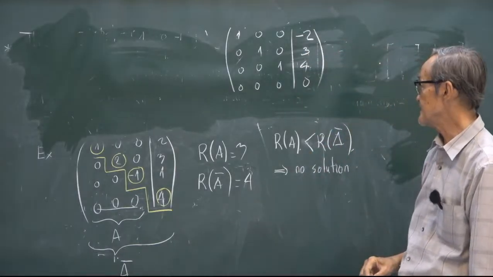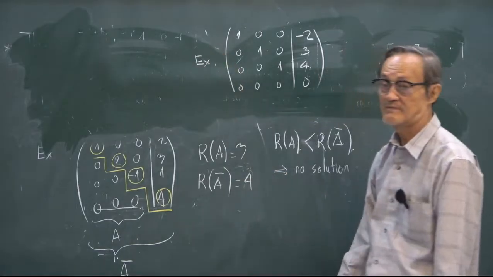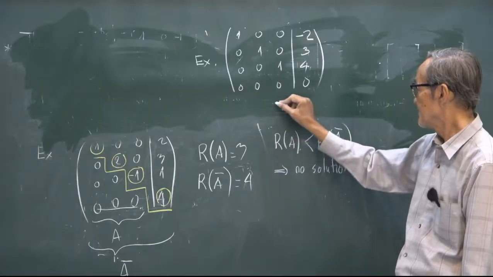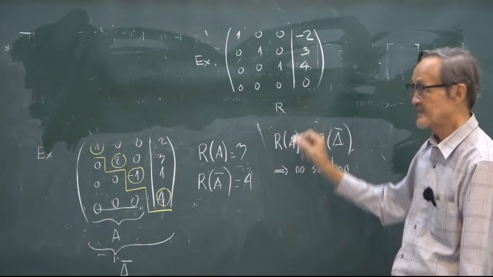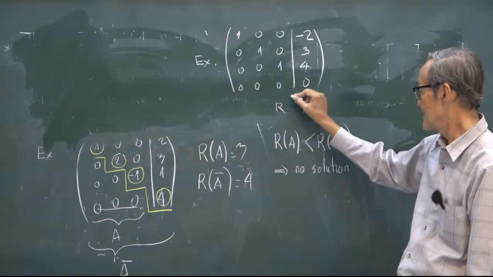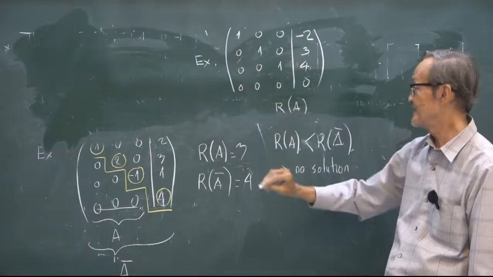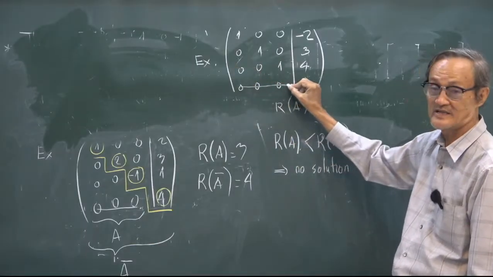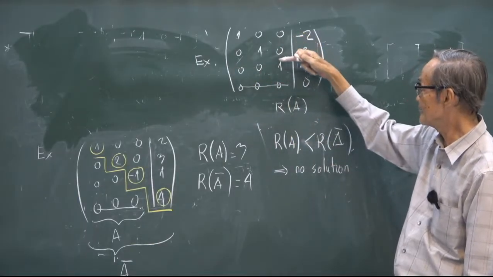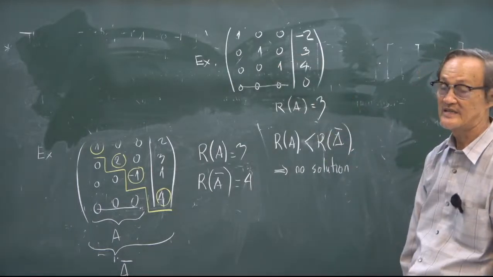Now consider this example. Rank: the number of non-zero rows of A, left-hand side. Zero rows, 1, 2, 3 non-zero rows, so rank A is 3.